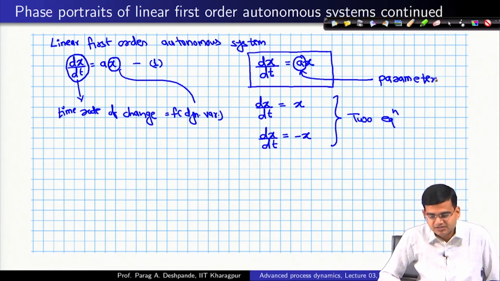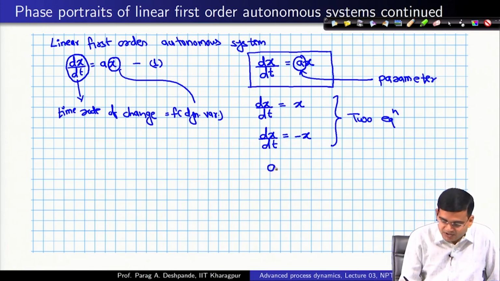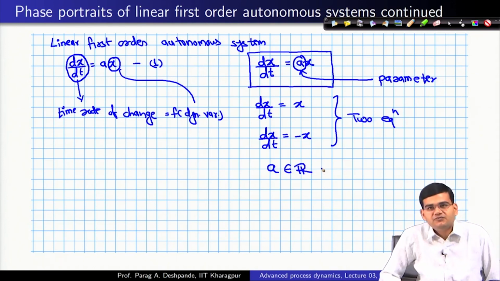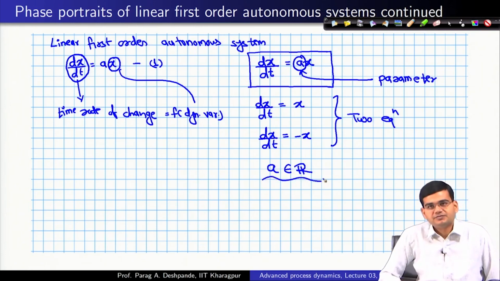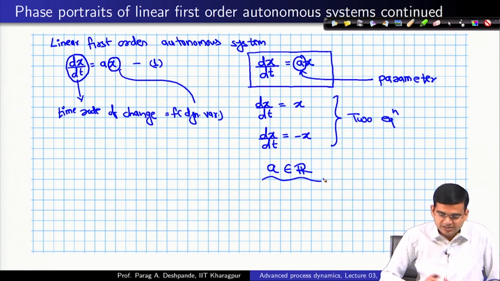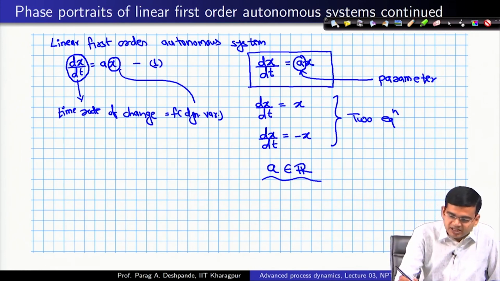The number of equations which you actually have is very many, and if in your case a belongs to R, then you in principle have infinite number of such equations because you have infinite number of a's, and therefore, one needs to understand the dependence of the dynamics of the system on the value of a or the nature of a rather. Okay. So, therefore, let us look into the solutions and the behavior of the solutions.